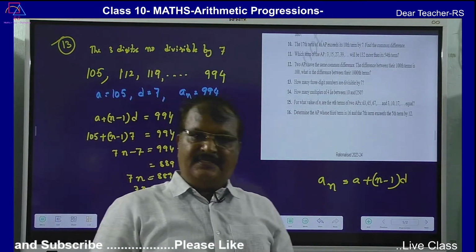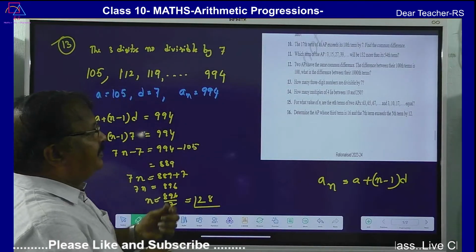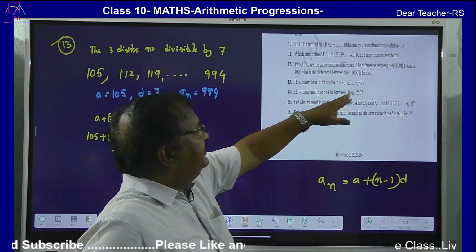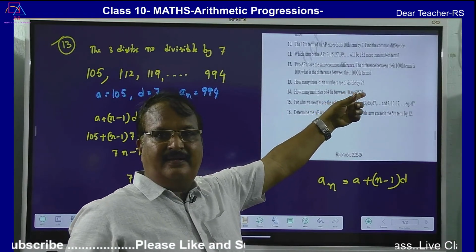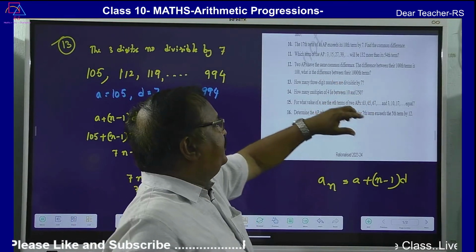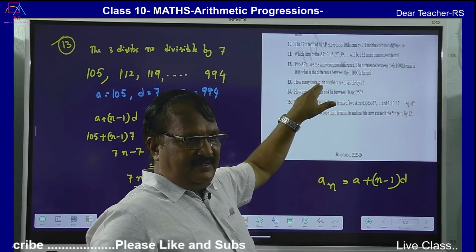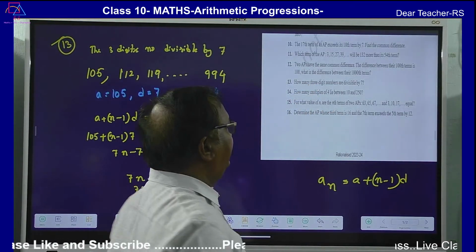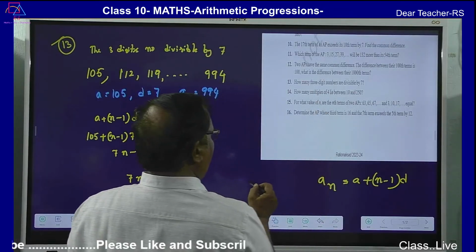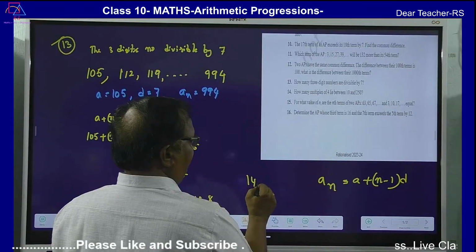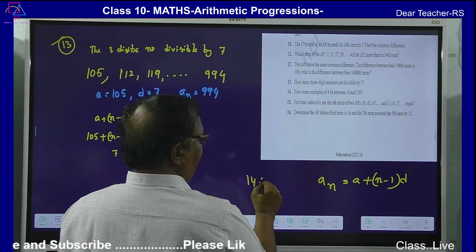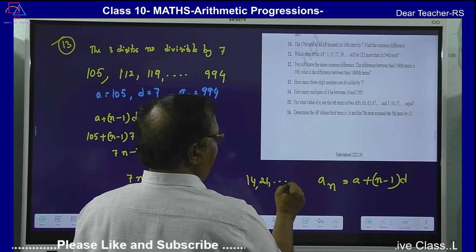So, this is how, because it is a very, very important question. Sometimes 3 digits are given, 4 may be given, 5 may be given. Here 3 digits are given, sometimes 2 digits will be there. Suppose in this place it is a 2-digit number, what is the first number? 14 is the first number, 14, 21 and so on.